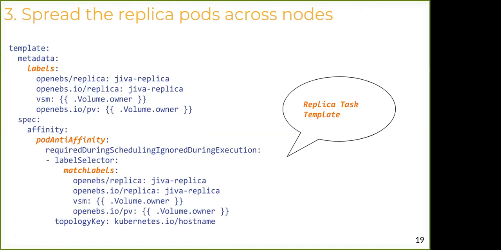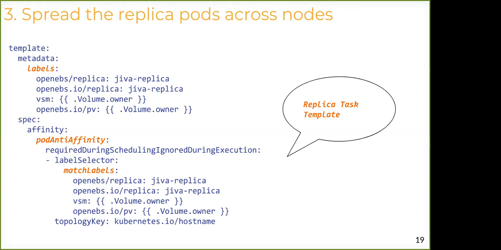All right. The third characteristic that we talked about was spreading the replicas across the nodes, right? So this is what does that. This specification is again in the replica task template, and I have bolded some of the properties. For example, labels. These are typically the labels one will find on the replica pod, right?